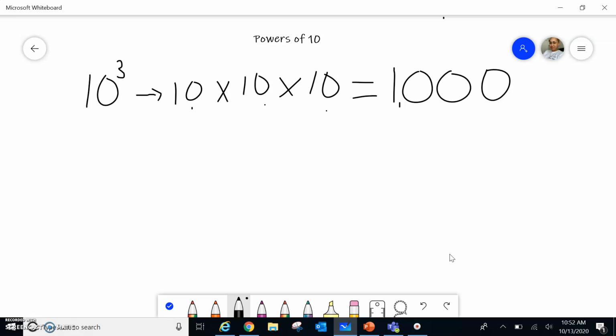Let's try another one. If I do 10, let's say to the 5th power, that means I'm going to multiply 10 how many times? If you said 5, you are correct. Again, it's telling us how many times we're going to multiply our base.